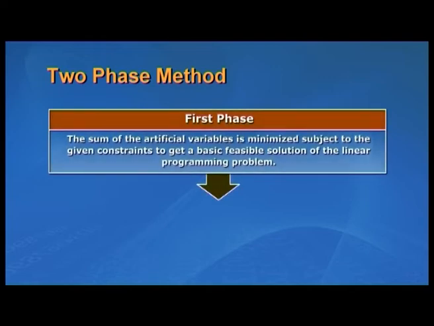Let us now discuss the two-phase method. In the first phase of this method, the sum of the artificial variables is minimized subject to the given constraints to get a basic feasible solution of the linear programming problem.